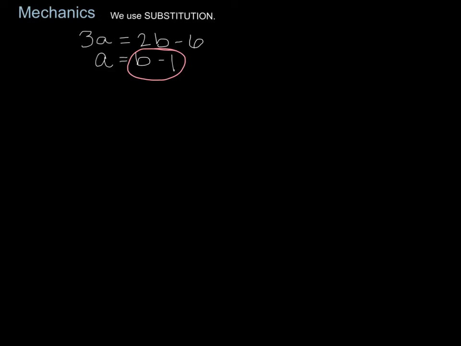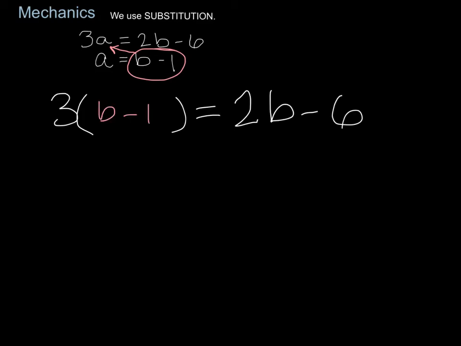So in the other equation, this is important, where I see a, I'm going to instead write b minus 1. So using a little color coding here, I rewrote this first equation in white, but rather than writing a, I'm going to write b minus 1, which is what a equals here.